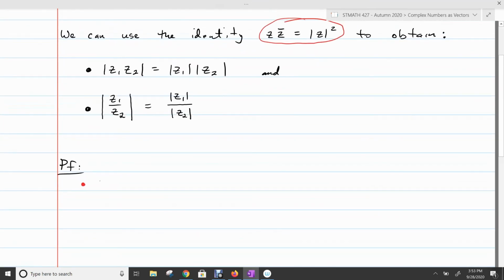So if you write down z1 z2 and multiply it times its conjugate, z1 z2 conjugate. On the previous page, we saw that the conjugate of a product is the product of conjugates. So you can write this as z1 z2 z1 conjugate z2 conjugate.